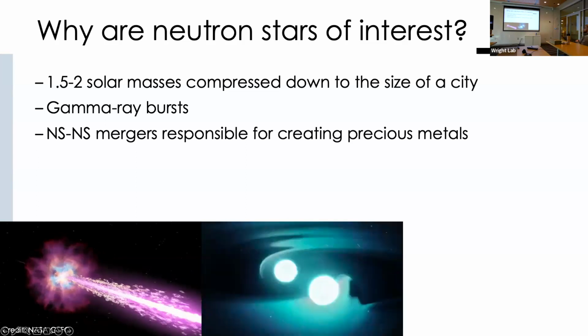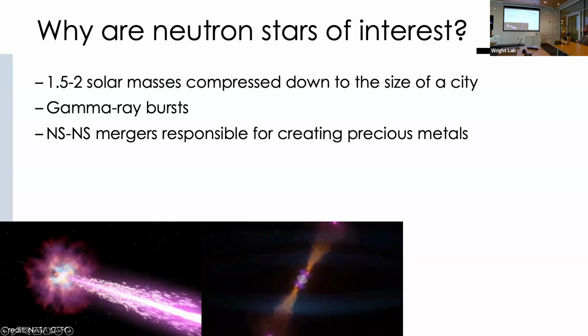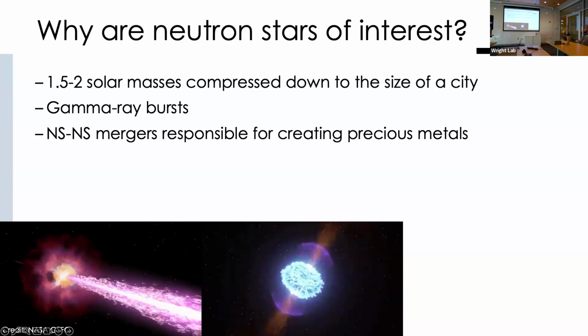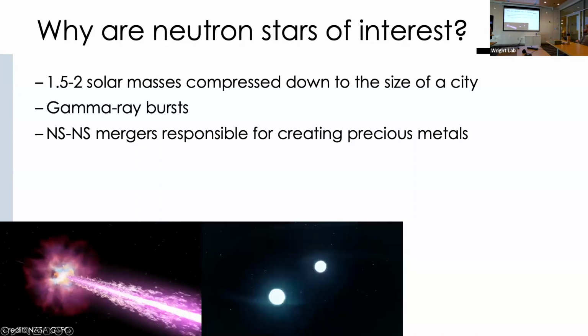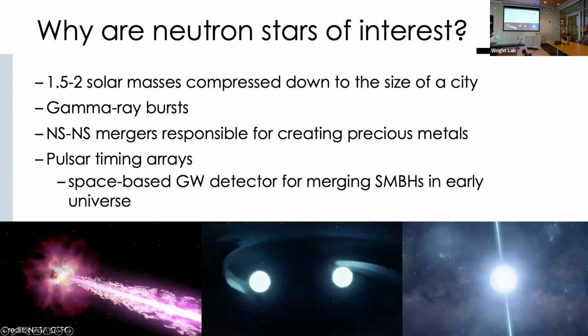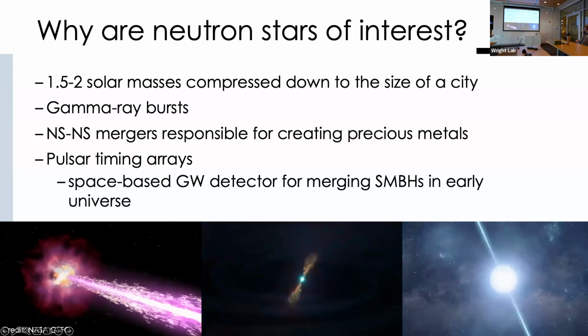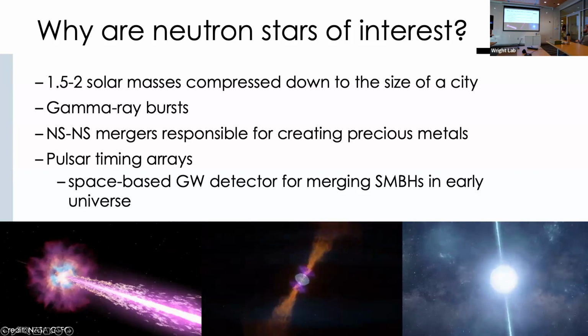We also know that the merging of neutron stars is responsible for creating a number of the precious elements throughout the universe, including metals like silver and gold. Additionally, certain subsets of neutron stars emit pulsed emission on very regular time intervals.